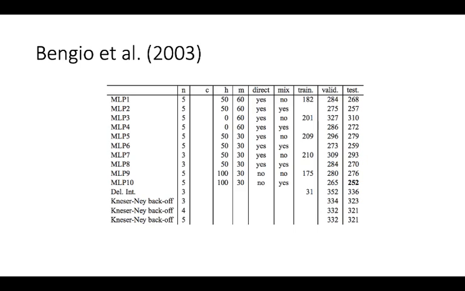For language modeling, we usually use perplexity to measure the performance. This is the traditional n-gram model. The above part is the neural n-gram model. And we found that using more layers and more hidden dimensions, we can actually have lower perplexity.